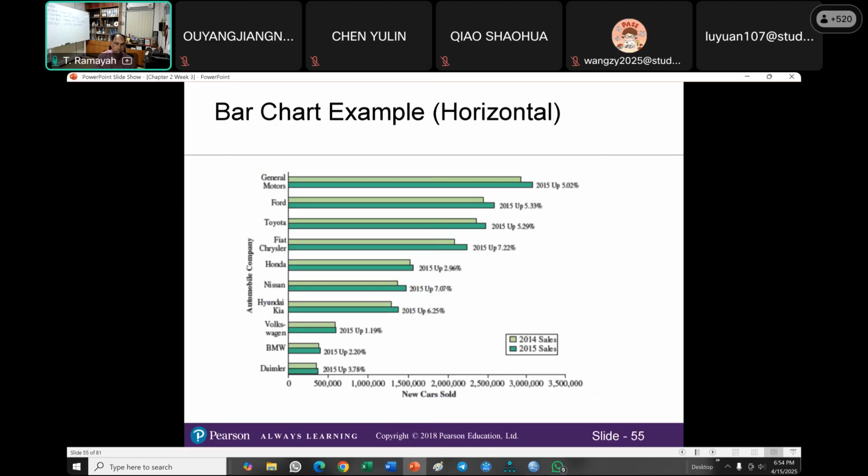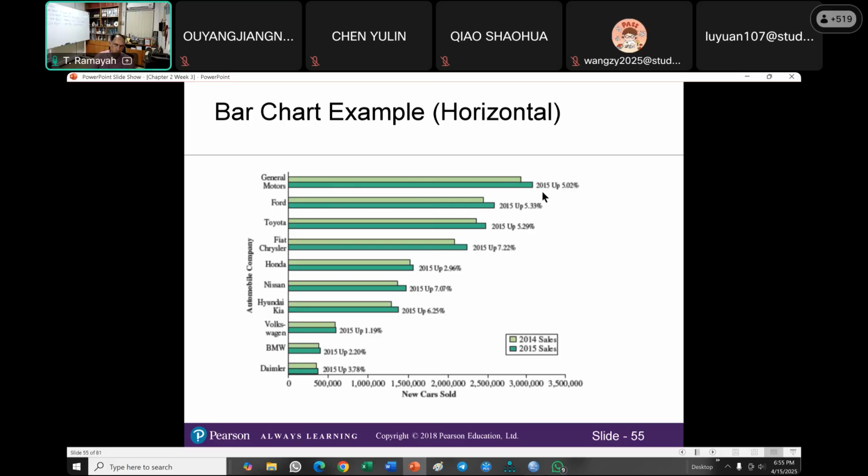Here they have 2 years, 2014 sales and 2015 sales, for each type of car, from Daimler, BMW up to General Motors. Here we can see quickly the difference in the percentage or number of cars sold by General Motors: 2014 is this bar, 2015 is this bar.